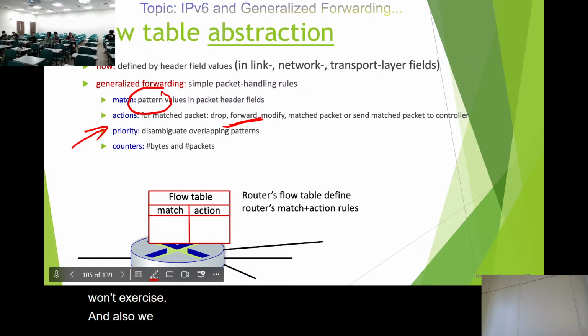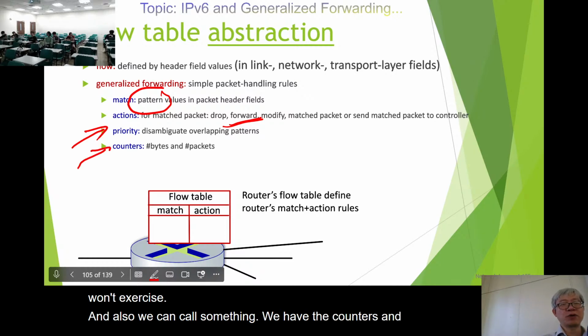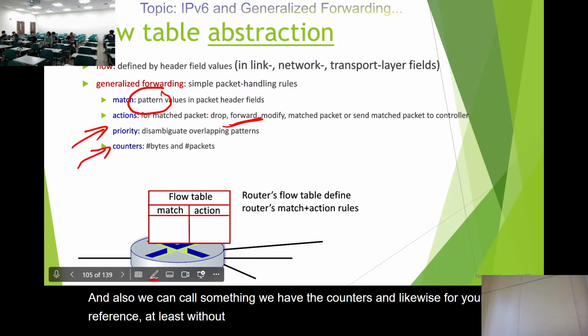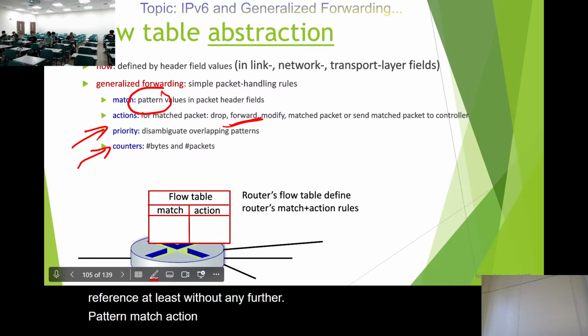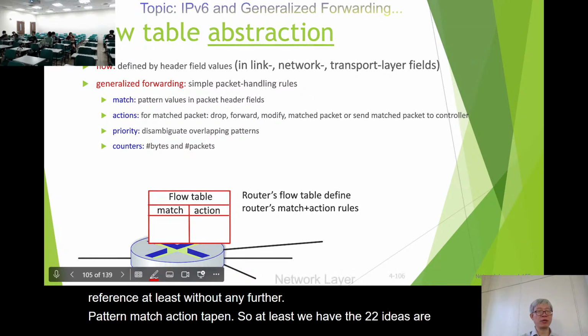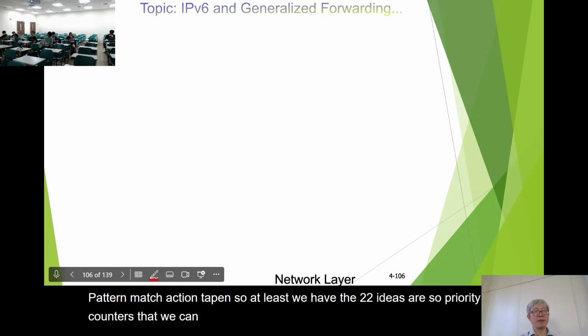We have the counters. For your reference, at least we already have the pattern match and action taken. So at least we have the two ideas. As for priority and counters, later we can check them, or maybe if necessary, you can check them further.